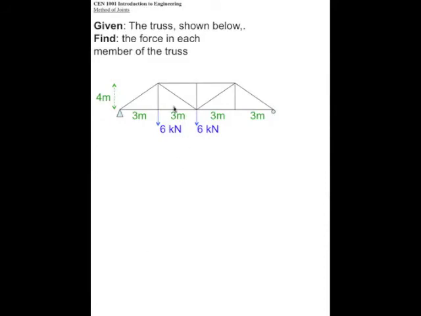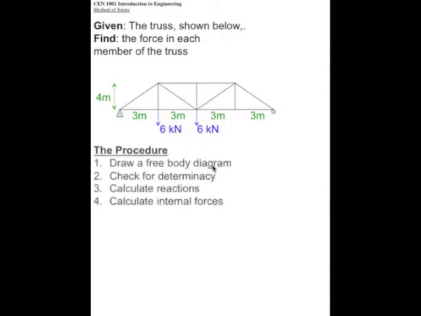We've got a more detailed truss here with two loads on it. And notice on the left-hand reaction, this indicates a pin connection, which means the reaction forces are not necessarily vertical, right? So we'll get into that in a minute. So let's draw the free body diagram, which looks like this.